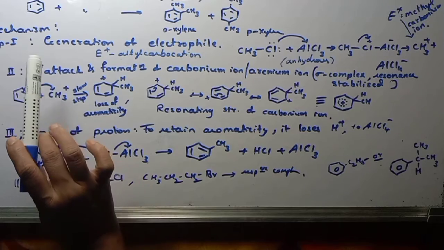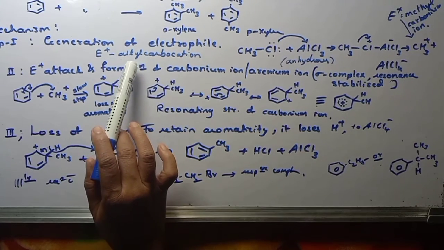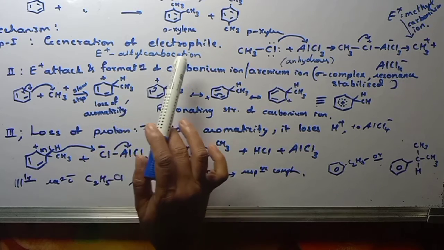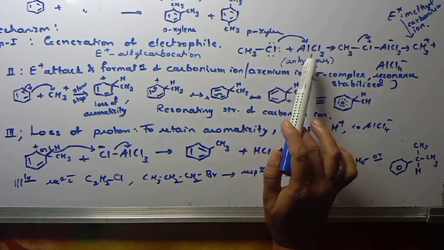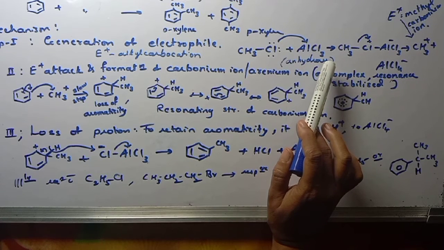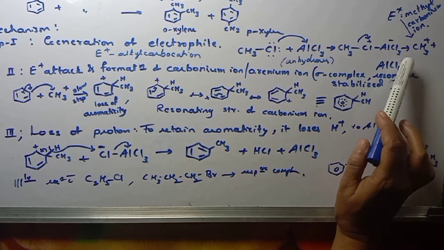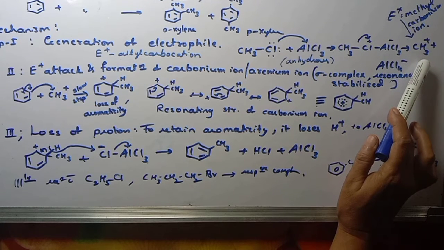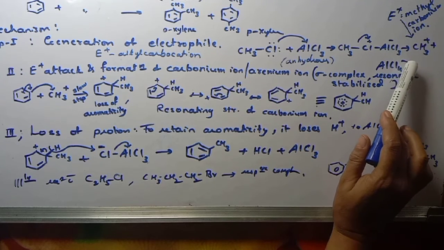Okay, in the first step, generation of electrophile, an alkyl carbocation is formed. When methyl chloride reacts with AlCl3 it gives an intermediate compound, which decomposes to give the methyl carbocation and the AlCl4 anion.